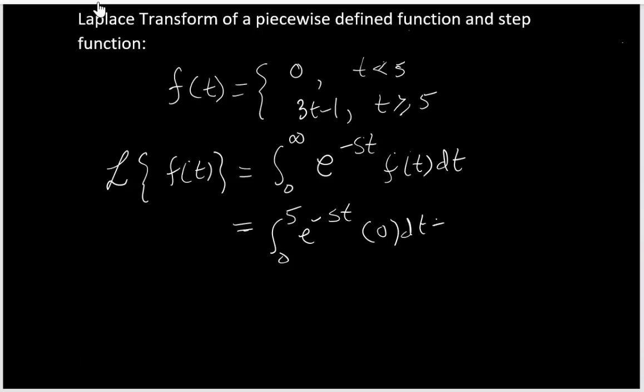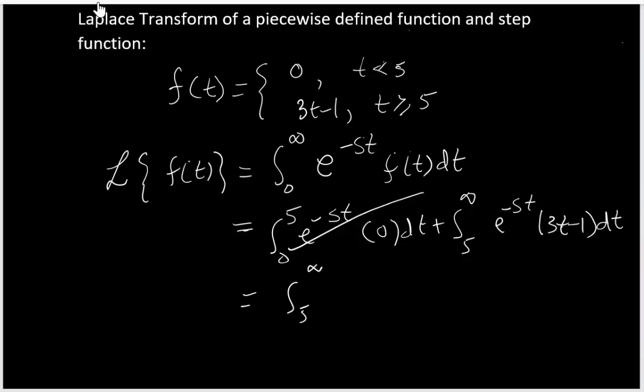Plus the integral from 5 to infinity of e to the negative st times (3t minus 1) dt. You can see the first part goes to 0 because it has a 0 multiple. The next function is the integral from 5 to infinity of e to the negative st times (3t minus 1) dt.